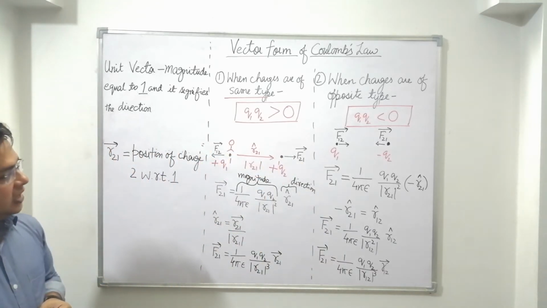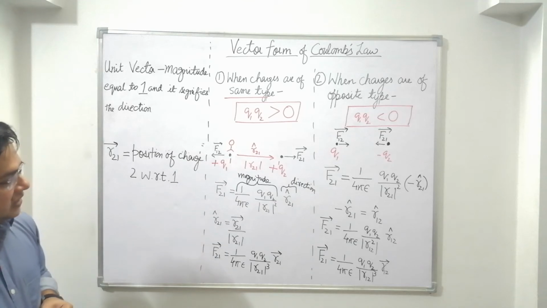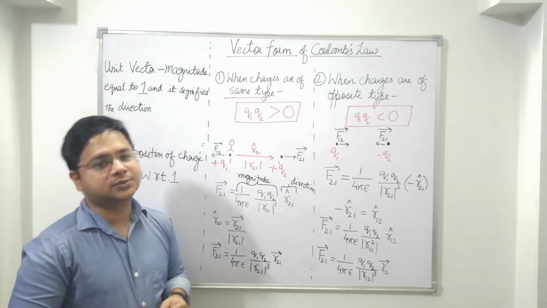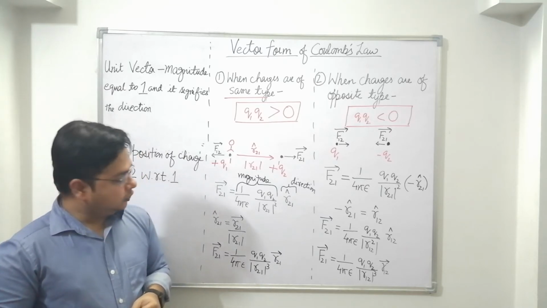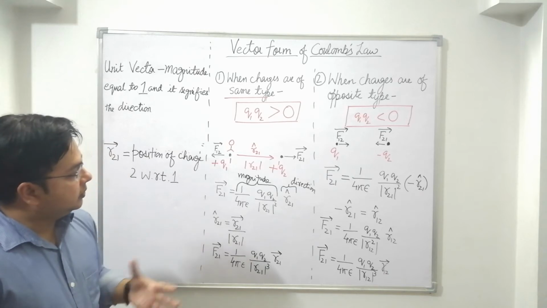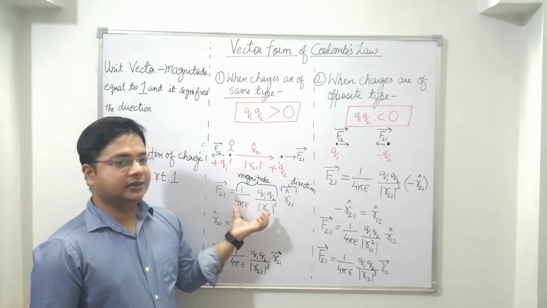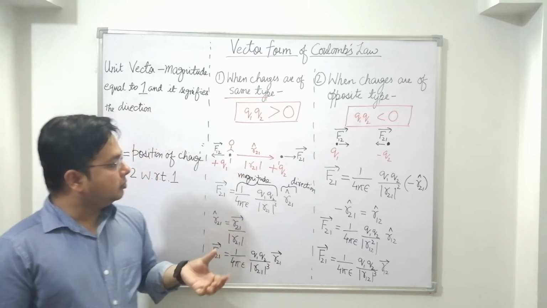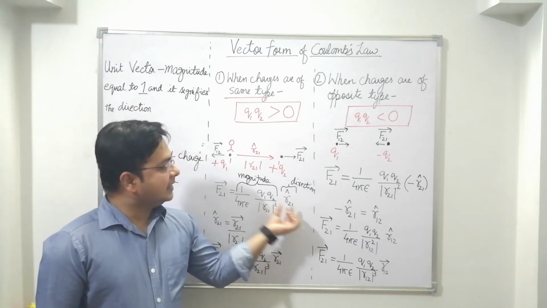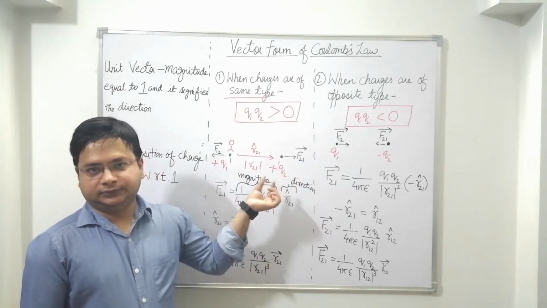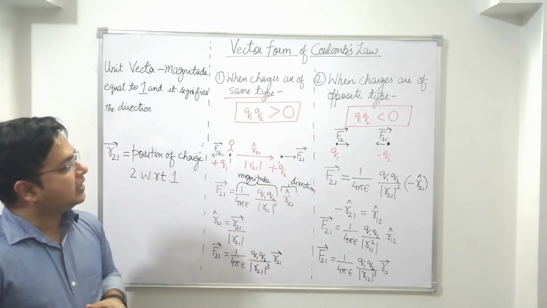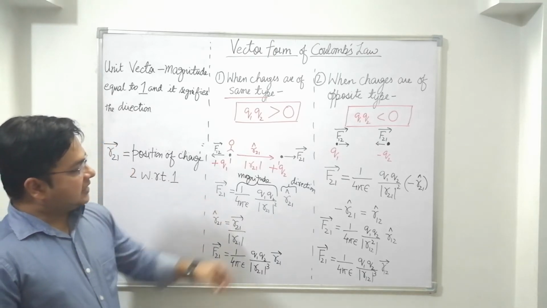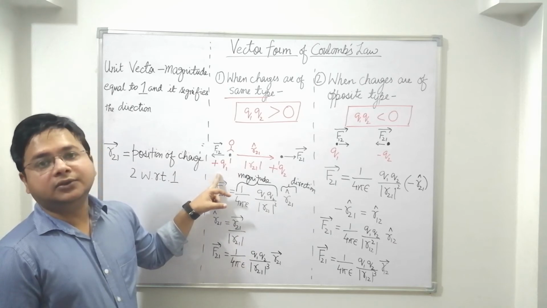Alright. So I hope you have understood. I will repeat it once again. Force being a vector quantity will obviously have magnitude as well as direction. So by using Coulomb's law, we calculated the magnitude of the force, which we discussed in the previous video, and in the vector form we also express the direction of this force. The easiest way to find the direction is, suppose we have to find the direction of force acting on the second charge due to the first charge.